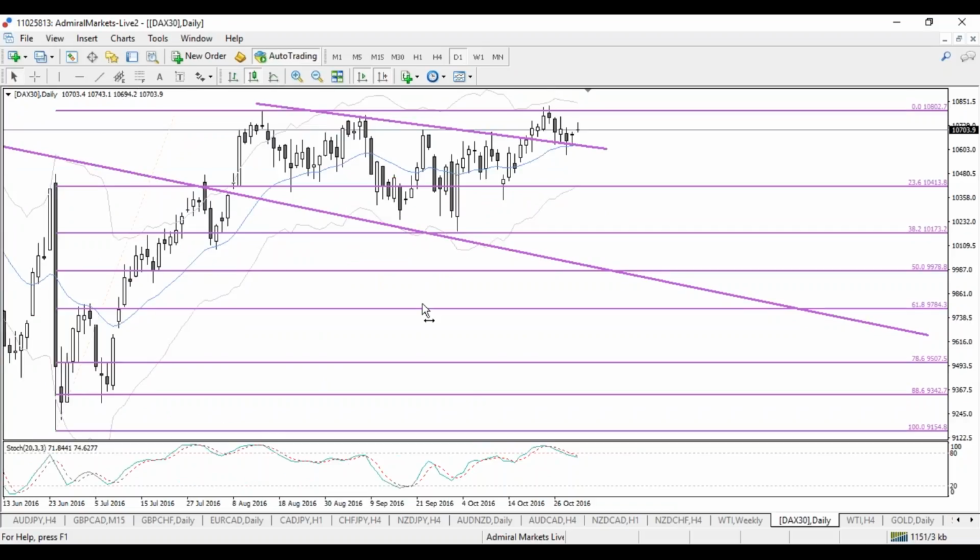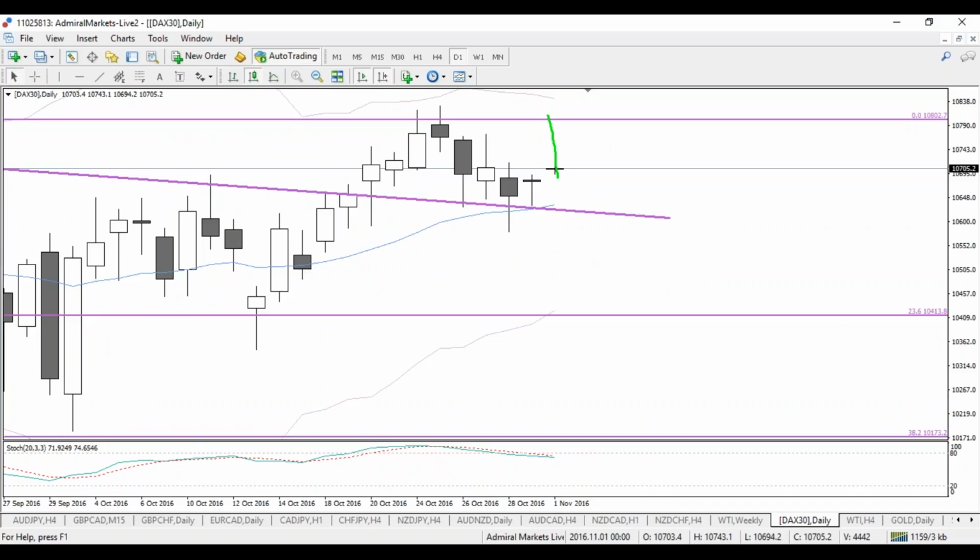I would be, for the moment, cautious with upside. But if today's candle is strongly bullish, then there could be a continuation. But I would probably need to see that daily candle happen there.